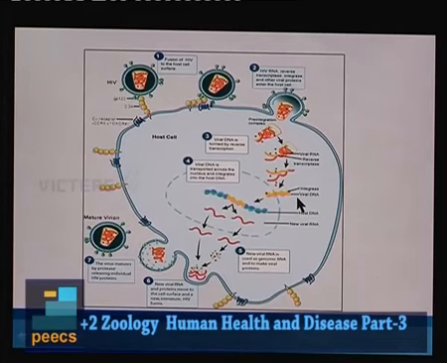This viral DNA along with integrase will enter into the nucleus of the host cell, and within the nucleus it is getting integrated with the host DNA. That is a function of integrase. Using integrase, viral DNA is getting integrated along with the host DNA.